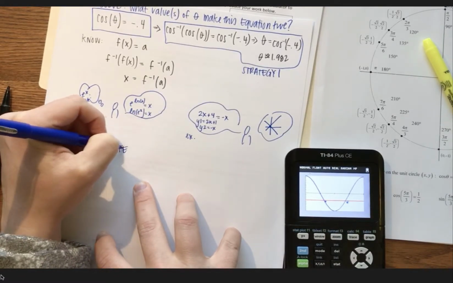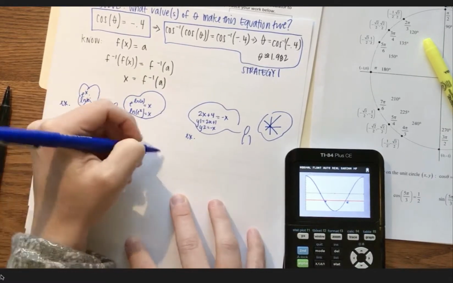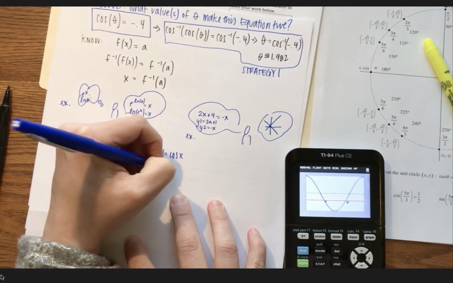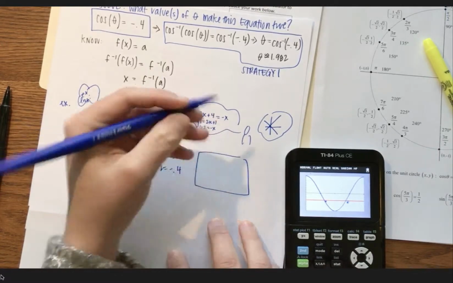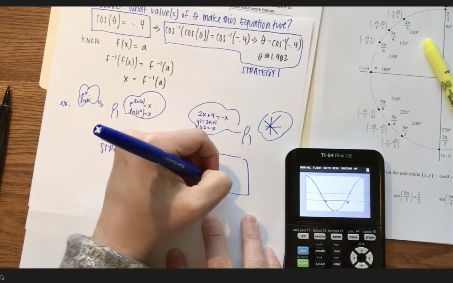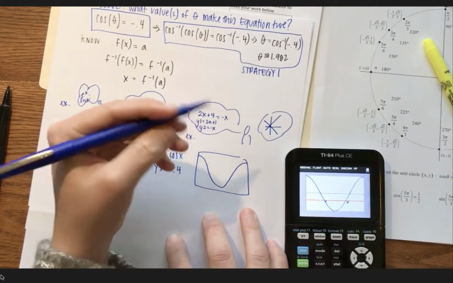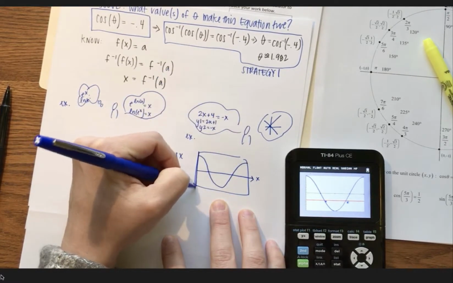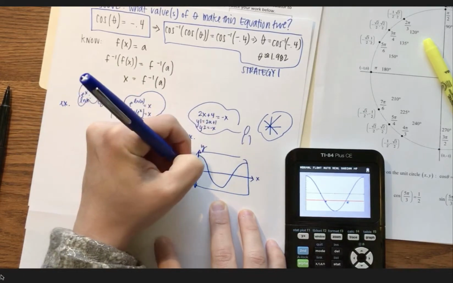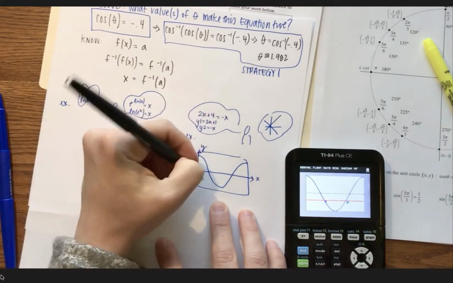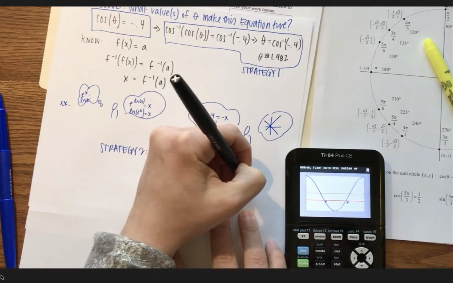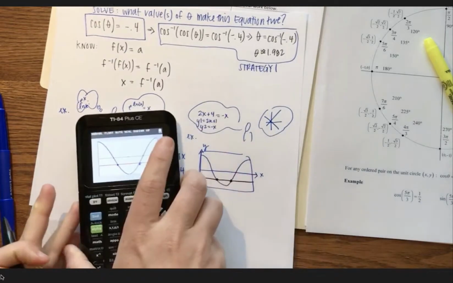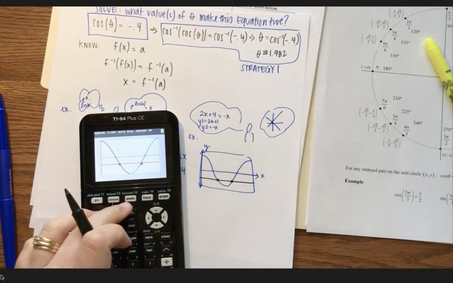I had y1 equals cosine x, y2 equals negative 0.4, and my graph helped me discern that on one period of cosine, here's my x-axis and my y-axis, at negative 0.4, I'll use black to show y equals negative 0.4, I get two solutions, and I can approximate those solutions using the intersect feature of my calculator.